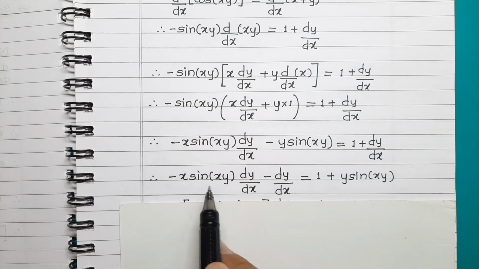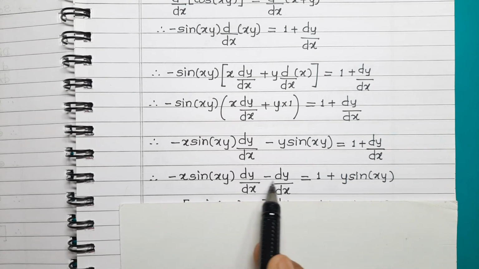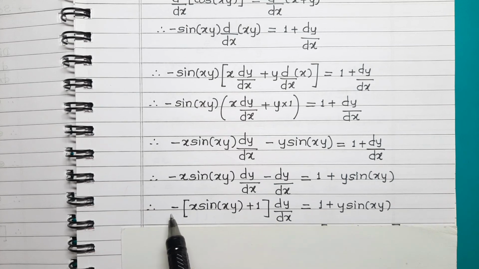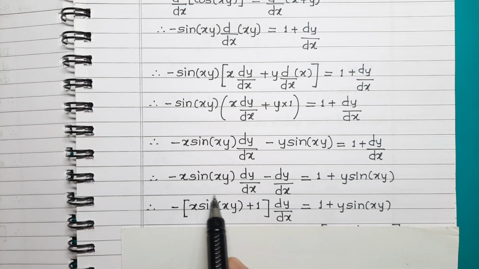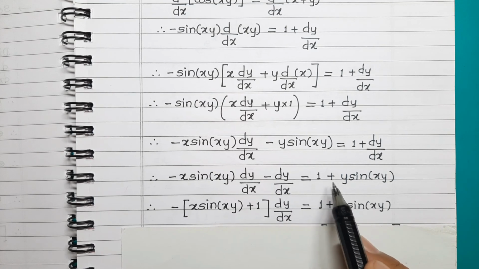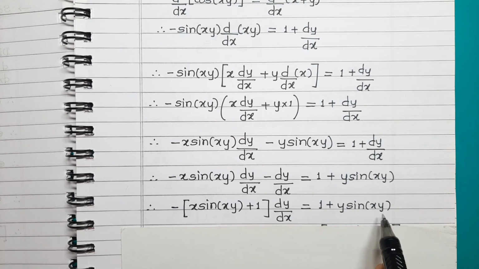Now taking dy by dx common from both these two terms, we have taken minus sign common. So in bracket we get x sin xy plus 1 from this term into dy by dx. See, here observe carefully, we have taken minus sign common and also term dy by dx to get this bracket, and on RHS both the terms are as it is.